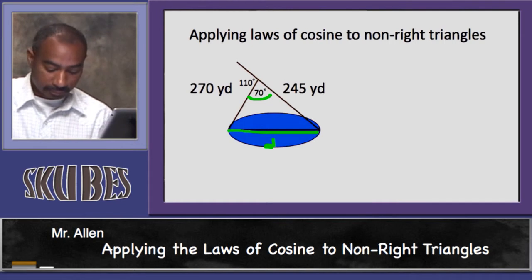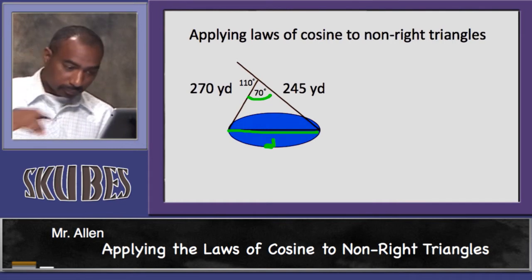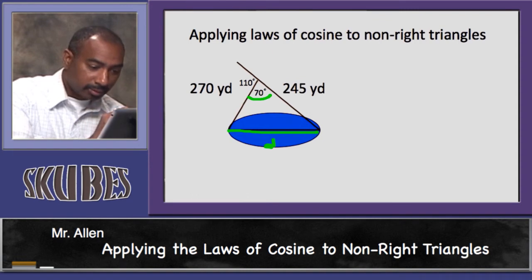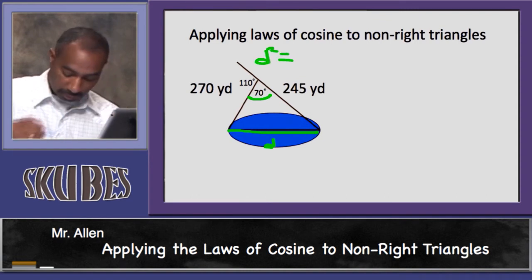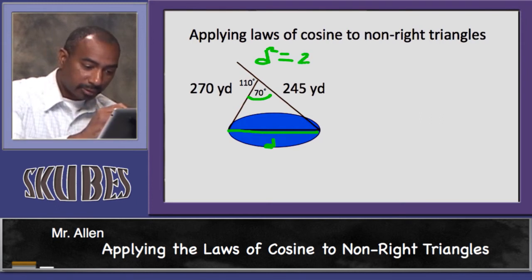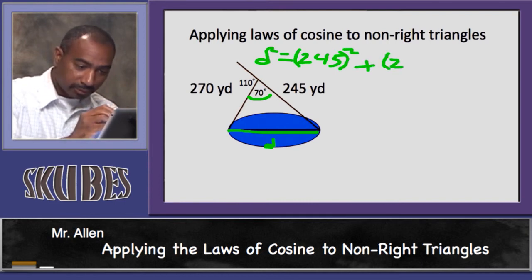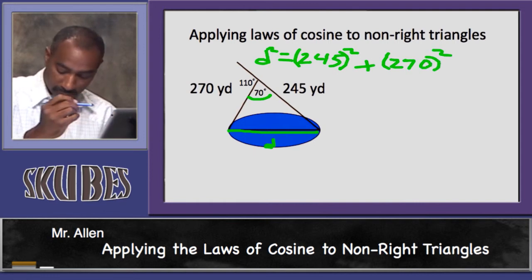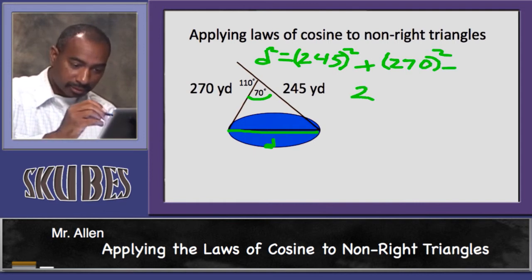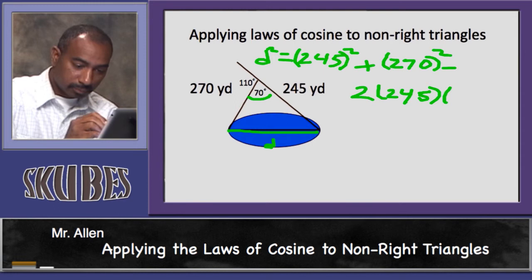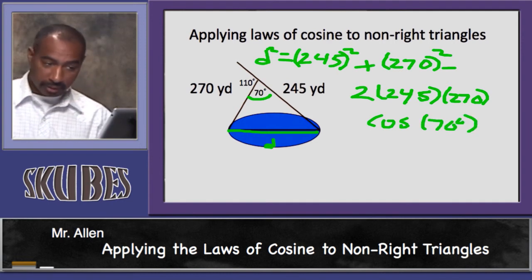So I'm going to call that d. d squared equals 245 squared, which is kind of big numbers here, added to the square of 270, minus twice the product of these two, times the cosine of 70 degrees. And that's the setup.